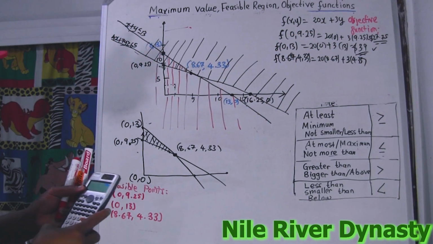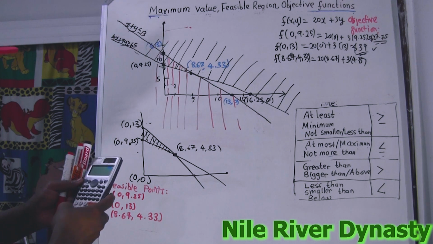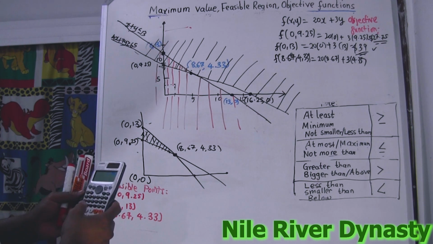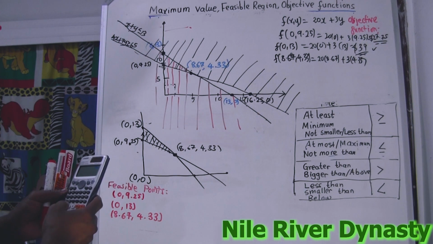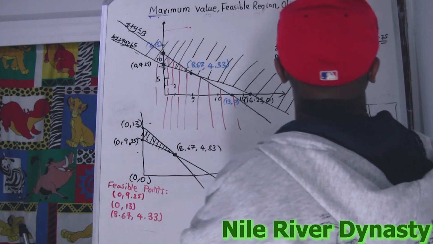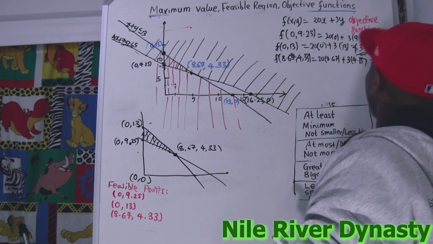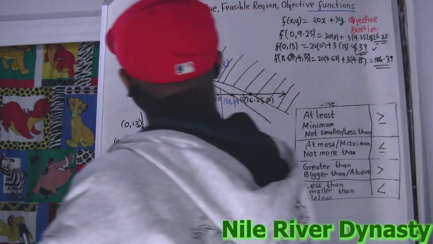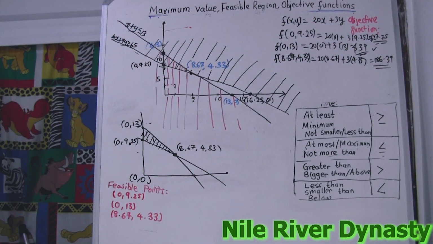You take 20 bracket 8.67 and then plus 3 bracket 4.33. Okay, cool. This is going to give us a lot of money, man. It's 186.39. So this feasible point is going to make this guy get a lot of money.